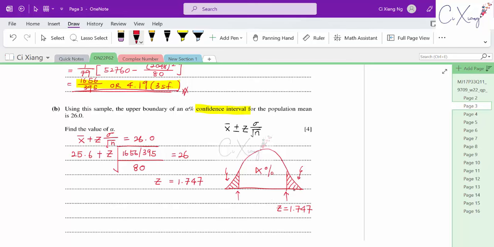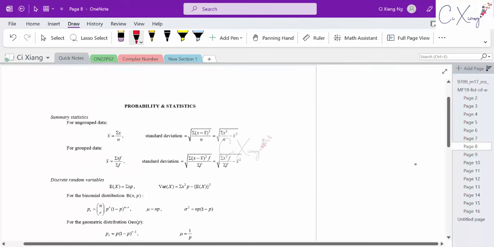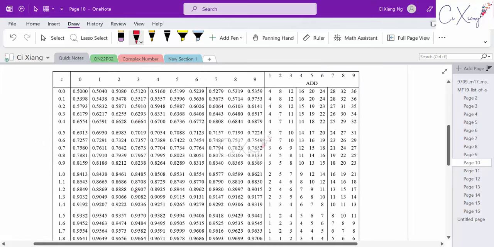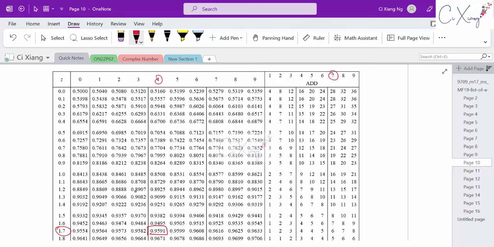So I will find the area where z is greater than 1.747. To get this, I need to take 1 minus the probability that z is smaller than 1.747. I go to the normal distribution table and look for z equals 1.74, and then 7, so the same row is value 6.